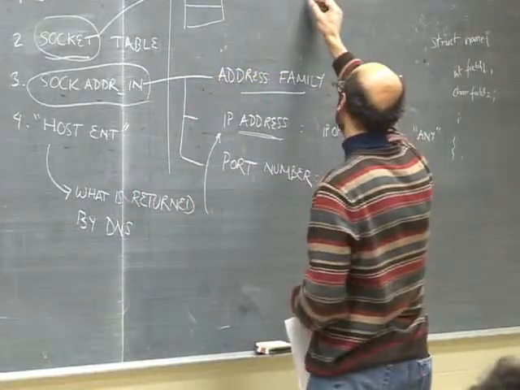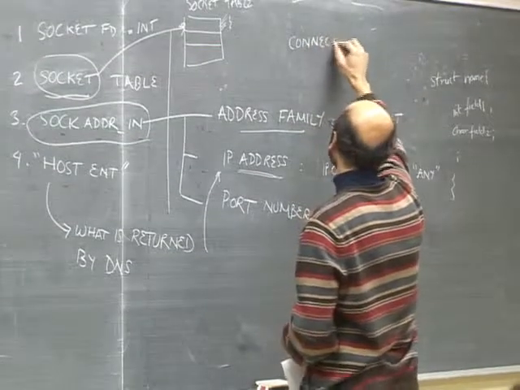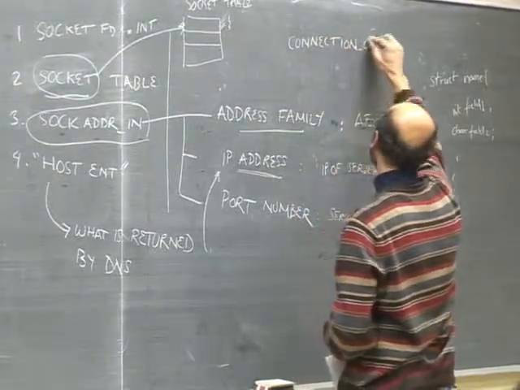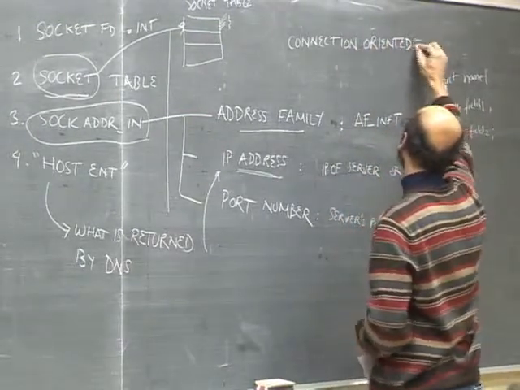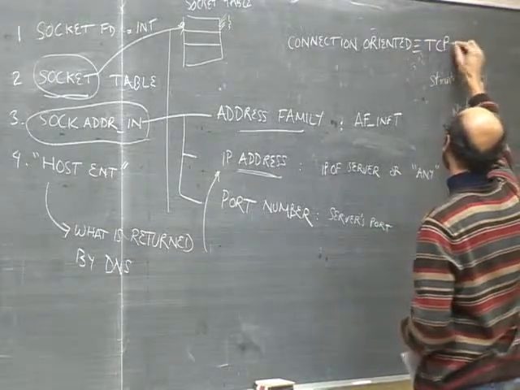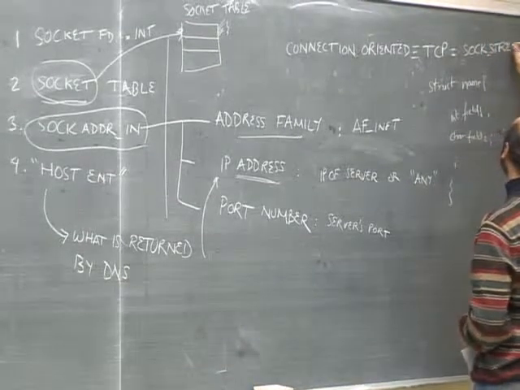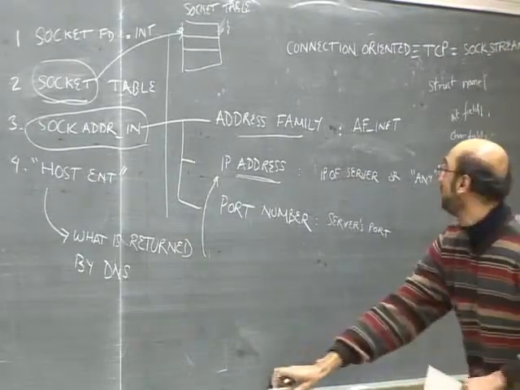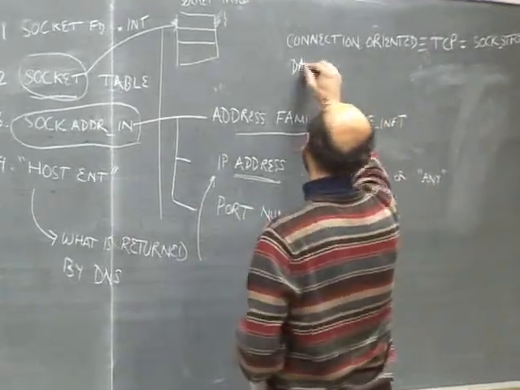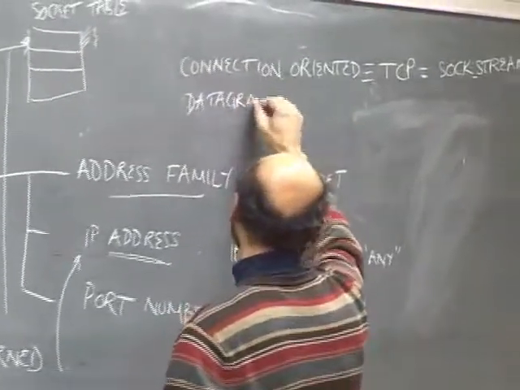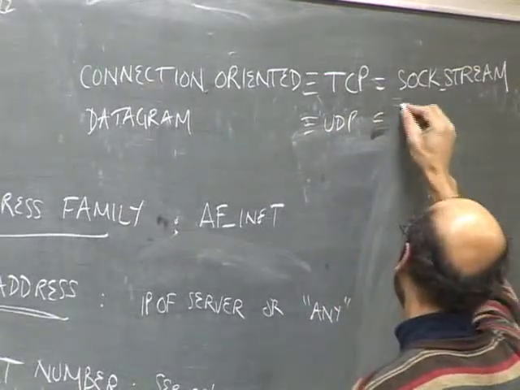So when you have connection oriented communication, connection oriented is the same as TCP, the same as sock stream. And if you want datagram, which is not connection oriented, then datagram is the same as UDP, and that would be sock dgram.